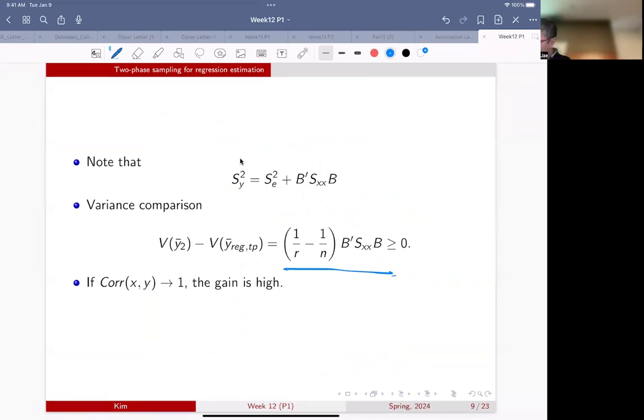So remember, you have two things, right? Y bar 2 plus, so if you know the population mean, you would use this one, right? So this is the idea, maybe.